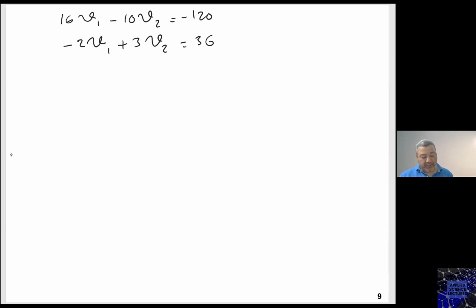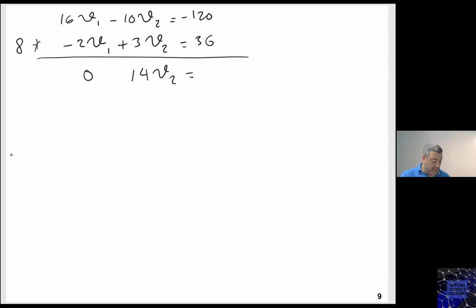Now, if I multiply the second one with 8 and add it to the first one, what do I get? This one would be 0, right? And then I have 24 minus 10, 14 V2.